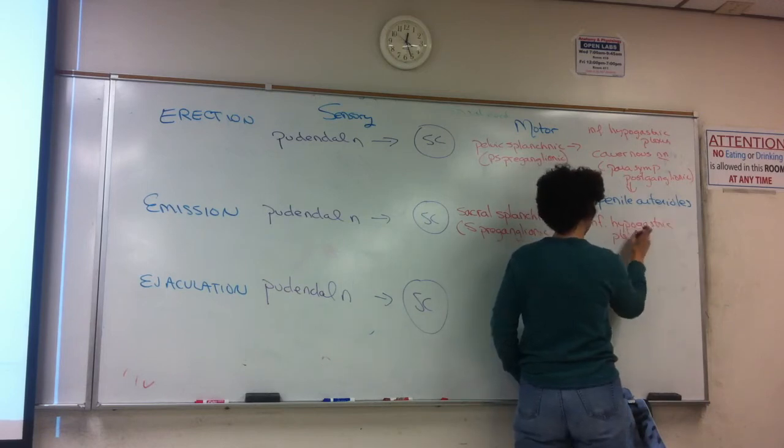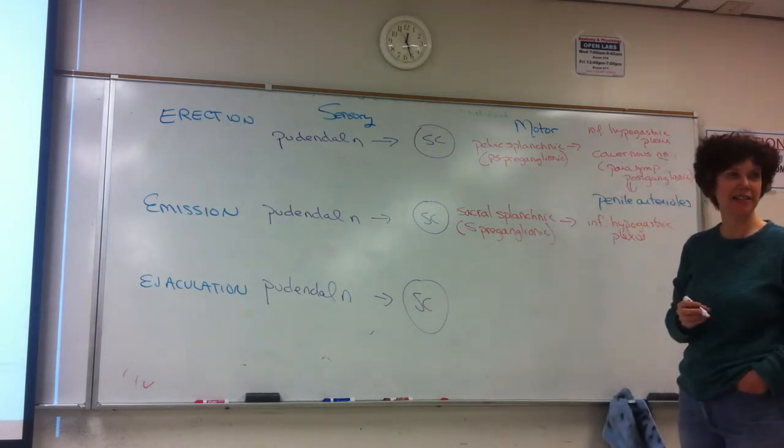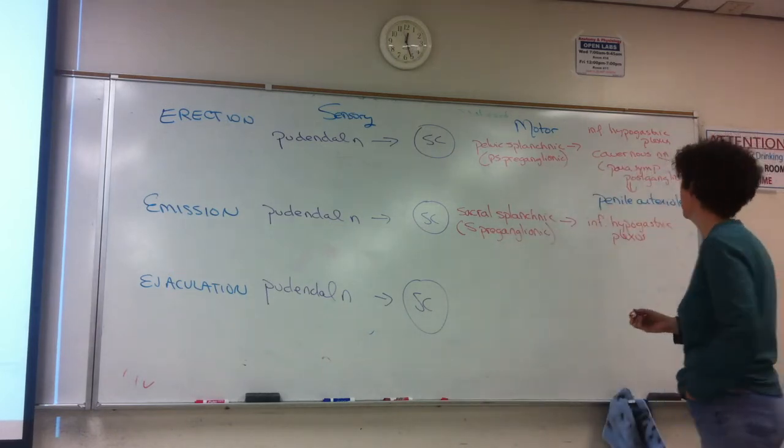We don't really name the postganglionic neurons. They usually travel with the blood vessels.